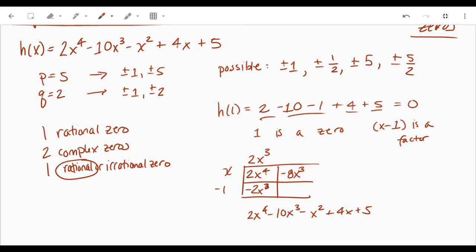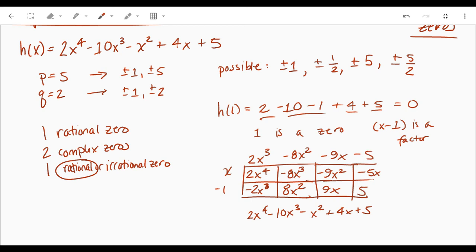So this will be negative 8x squared and 8x squared. Okay, and then I'm going to need a negative 9x squared. Okay, so negative 9x and 9x. I'm going to need a negative 5x, so negative 5 and 5.